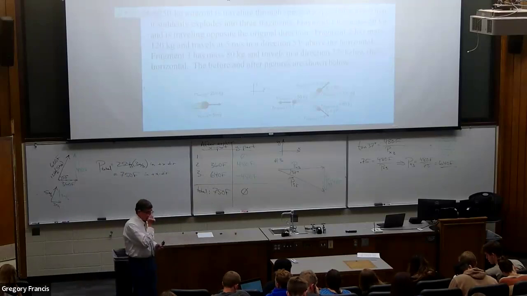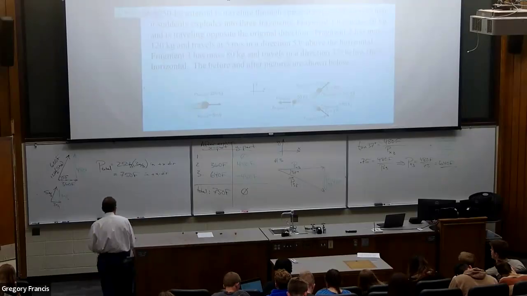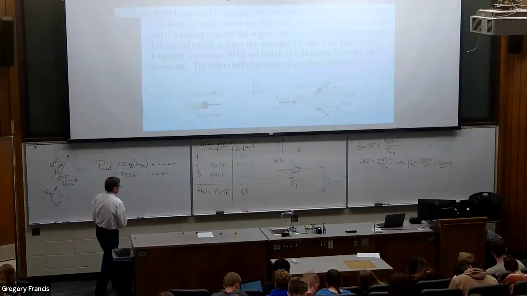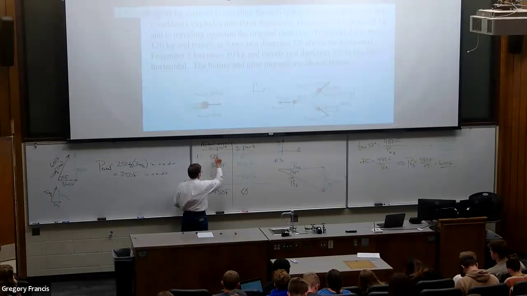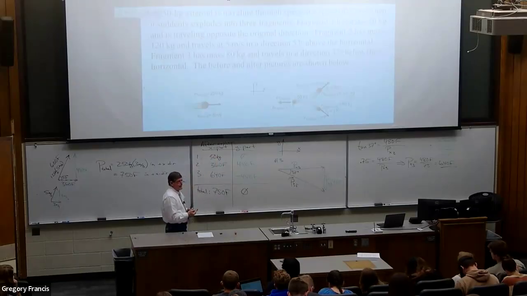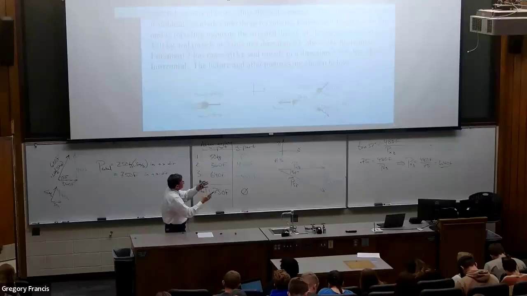Now we want to know how fast fragment 1 is traveling. What we know is that the momentum of fragment 1 is 50 kilograms times its velocity. Well, in this case, I know that it's going in the negative X direction.